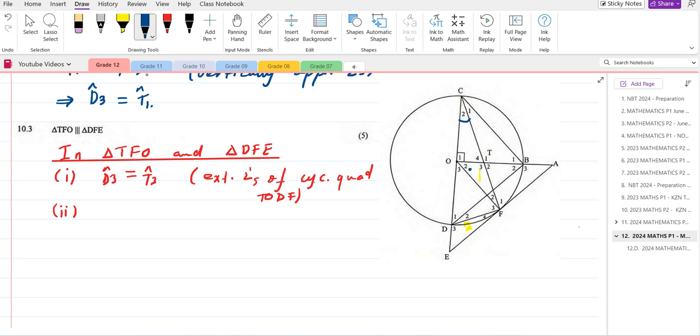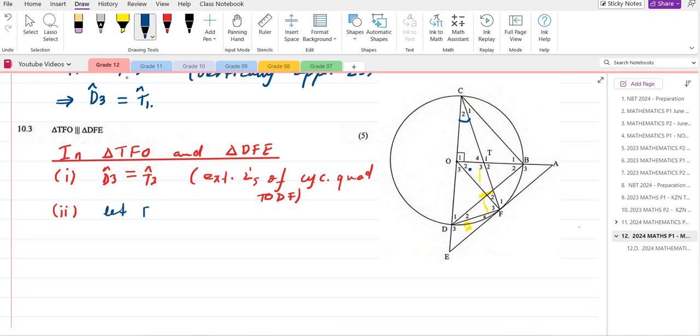Okay, let me do this now. We know F2 and F3, I need F2 equal to F4, right? I'm going to have multiple reasons here. So let's make angle F3 equal to X.